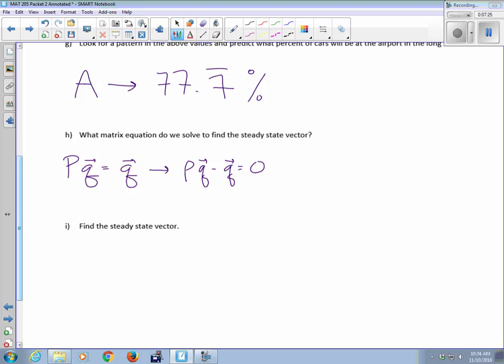And then I'm going to factor out this Q so that I have P minus the identity times Q equals the 0 vector. So that's the matrix I want to solve. P is my stochastic matrix, I is the identity, Q is what I'm solving for, the steady state vector, or the long run behavior, in this case of the cars where they end up.